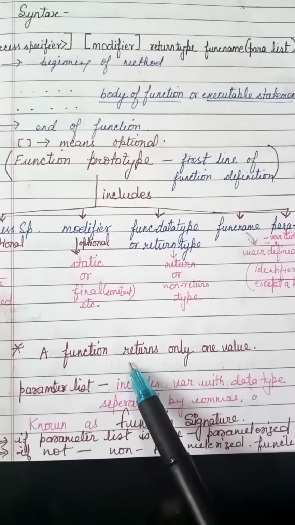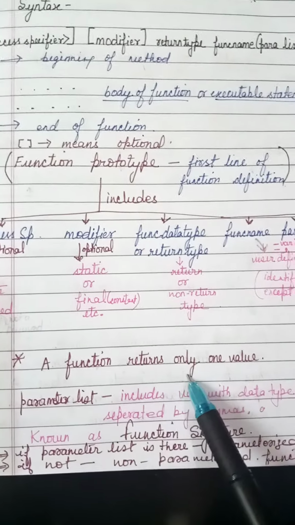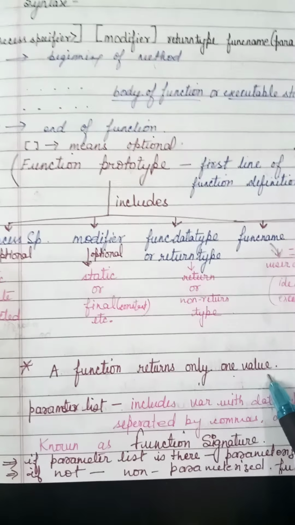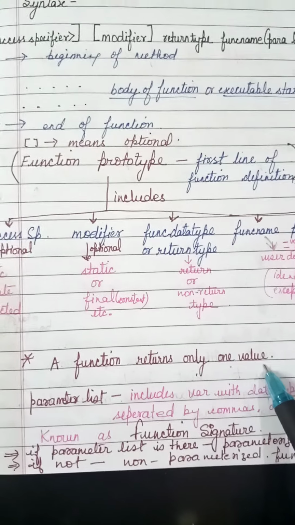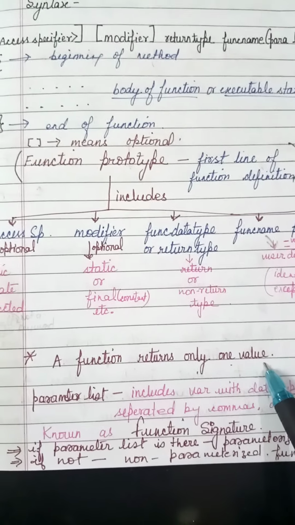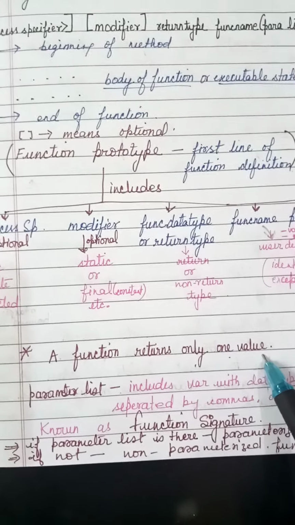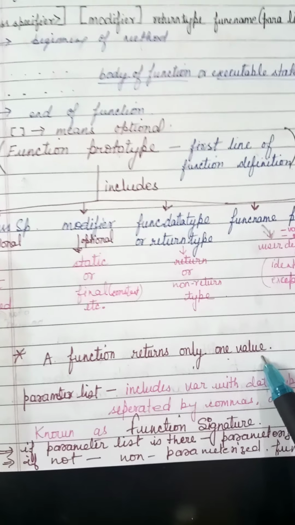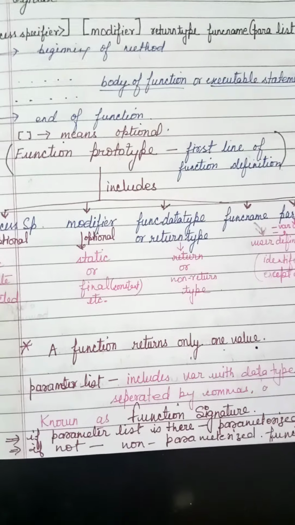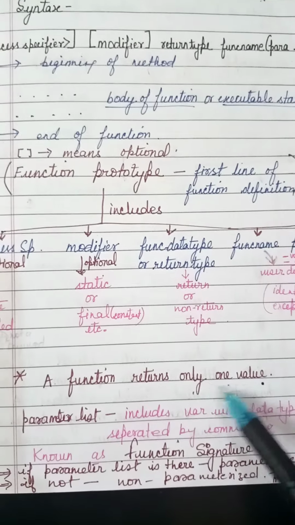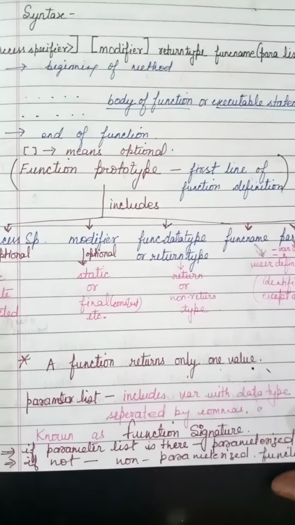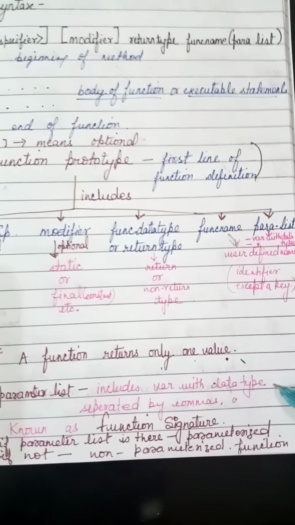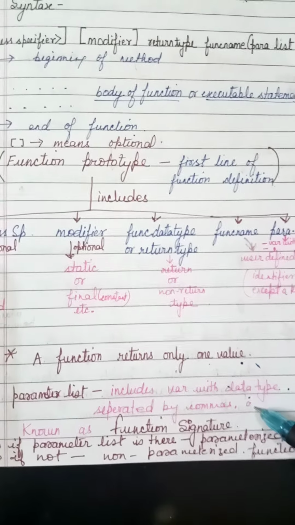And remember, a function returns only one value. A function can return one value at a time. If you are going to write so many return statements, then also only one return statement will be executed. And the parameter list includes variable with data type separated by commas.